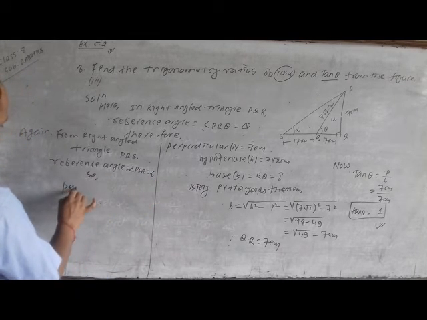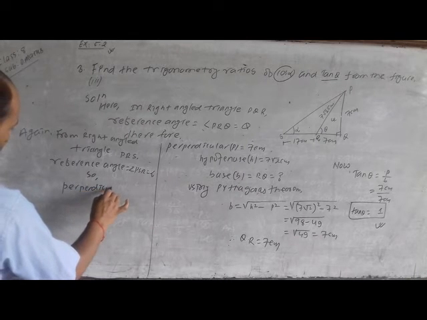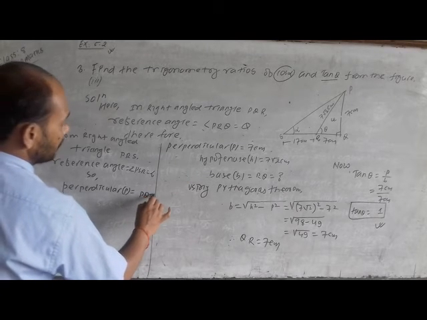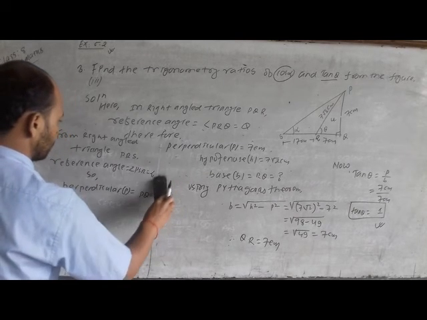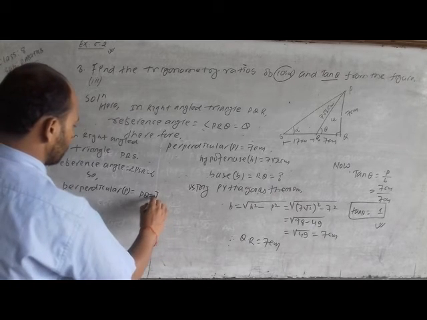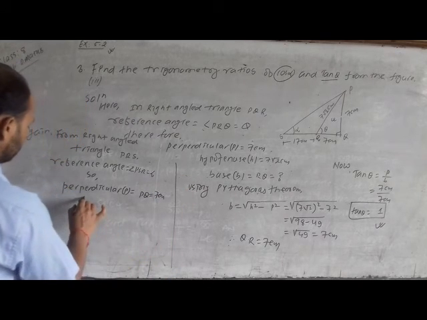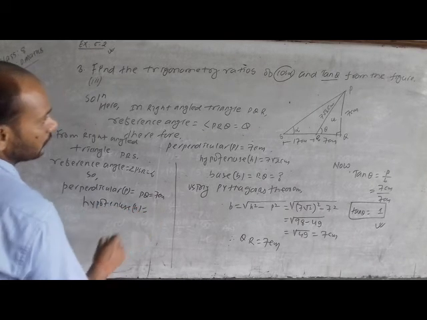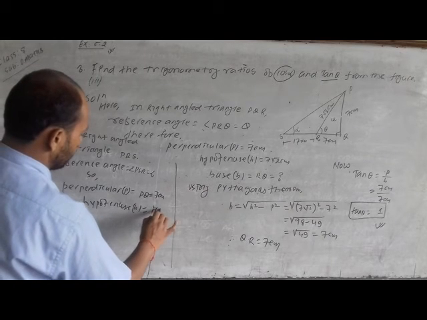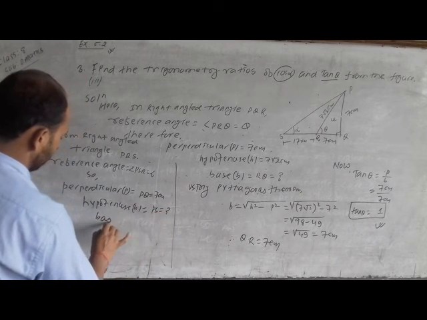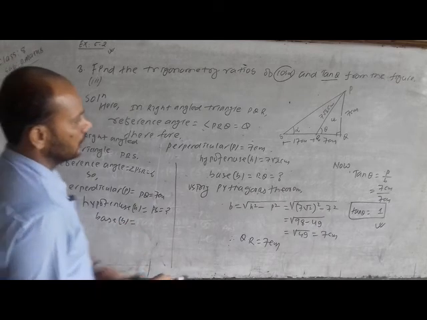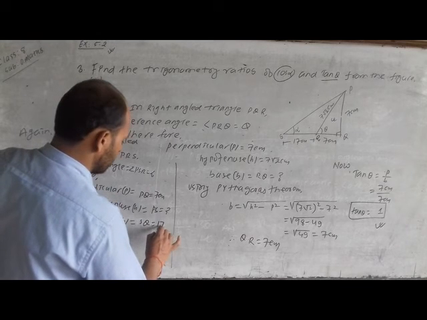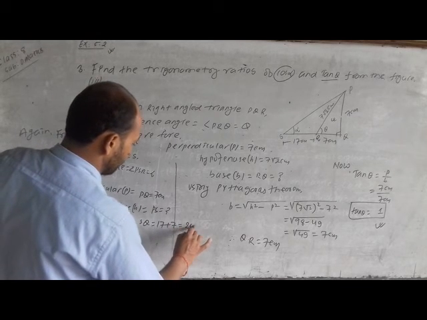So perpendicular represents PQ. PQ is equal to here 7 cm. Here we have perpendicular 7 cm. Hypotenuse H is equal to PS is equal to what? And base B is equal to, you see here, base is equal to SQ. The SQ represent 17 plus 7 is equal to 24 cm.